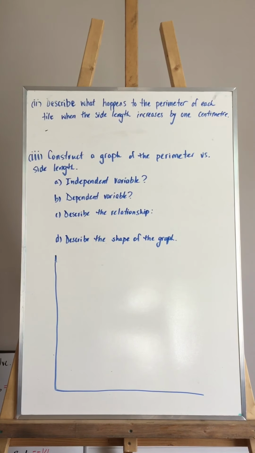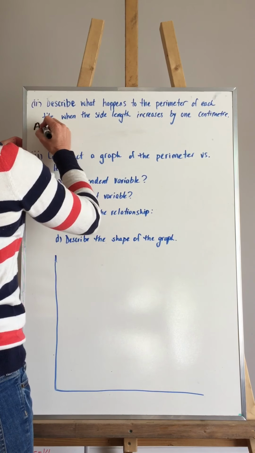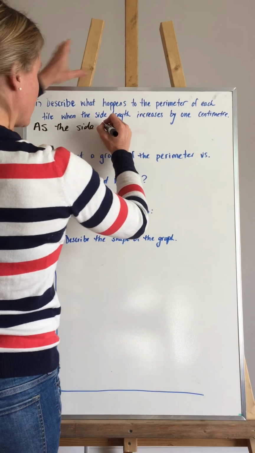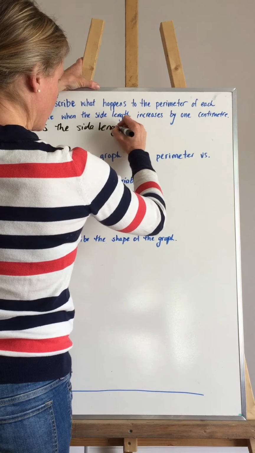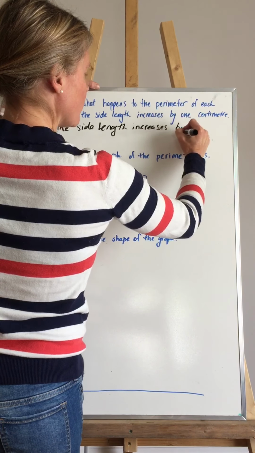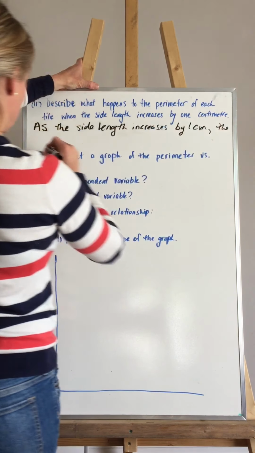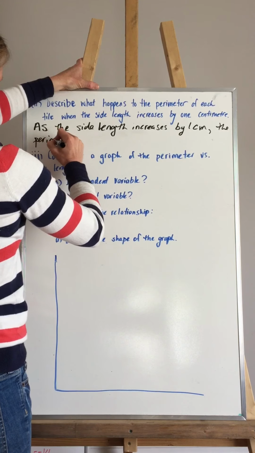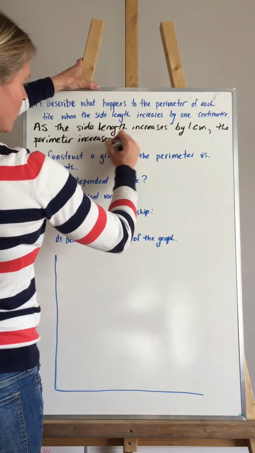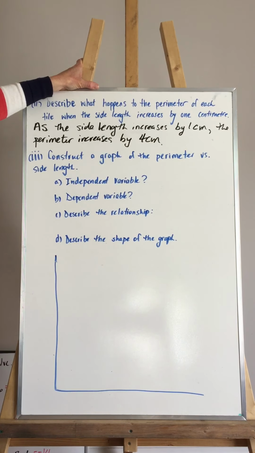So to make a full sentence, I would say: as the side length increases by 1 centimeter, the perimeter increases by 4 centimeters. Okay, that's it for that one.